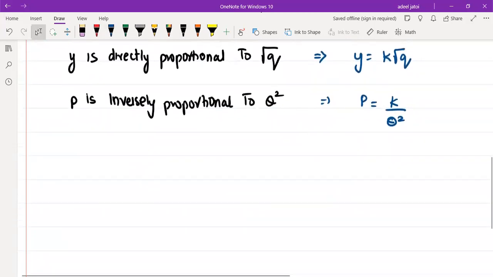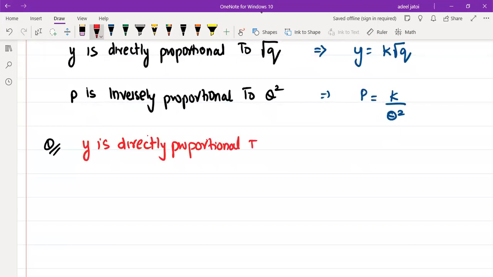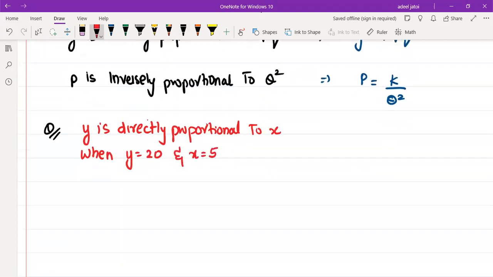We should know how to use these formulas, right? So the question can be: y is directly proportional to x when y is equal to 20 and x is equal to 5.